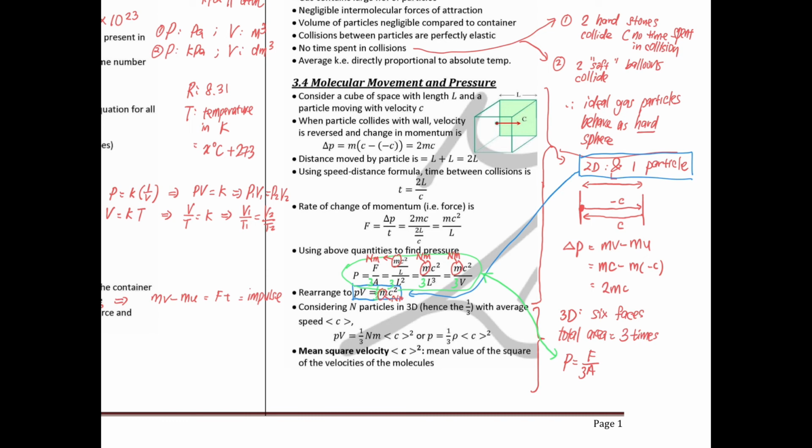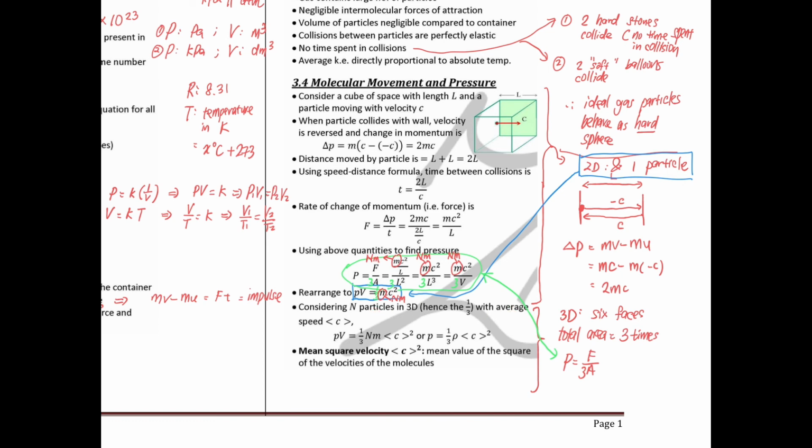So that's why if you look at the PV equal to MC squared just now, now it becomes PV equal to 1/3 nm c square. You can see here, PV equal to 1 over 3 nm c square. But the c looks different also. Why? Because in real situation, the gas particles move with different kinds of speeds.